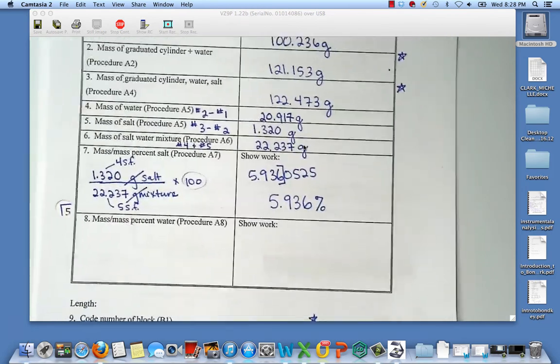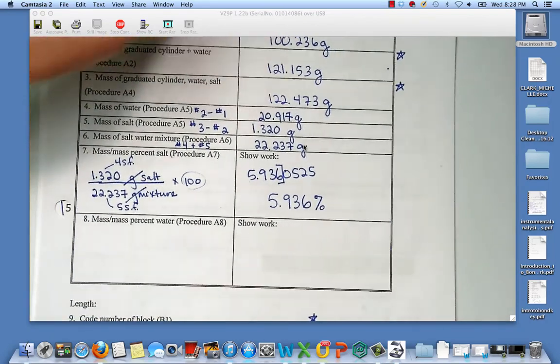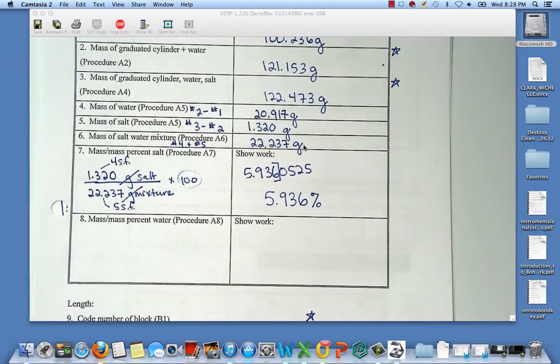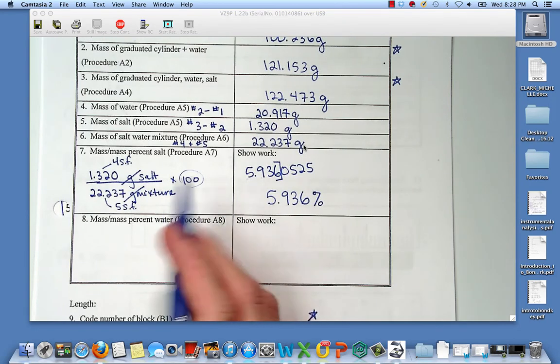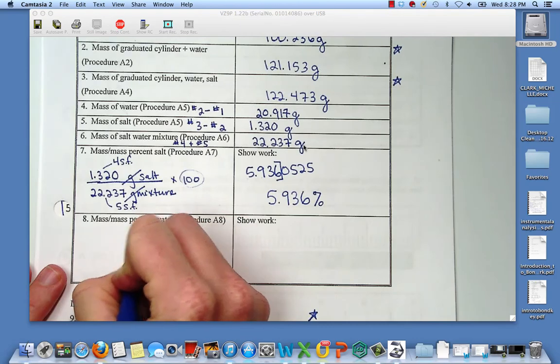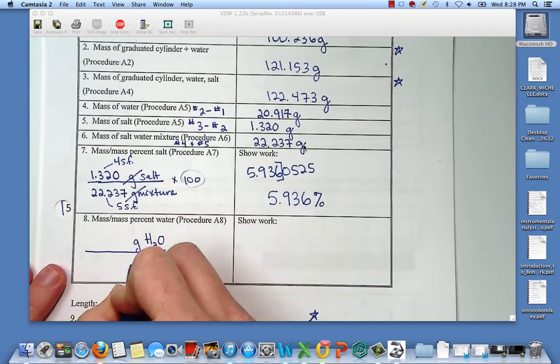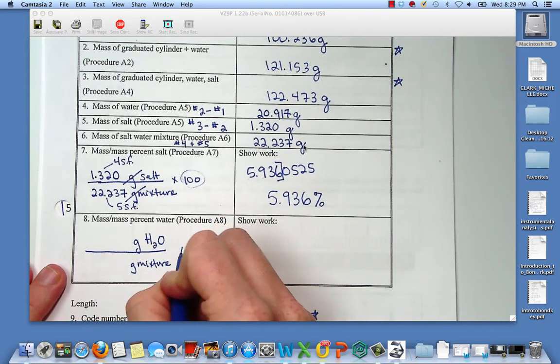Now we're going to do the same type of calculation, but this time we're going to be dealing with mass percent water. So we're going to put grams of water over grams of the mixture times 100.